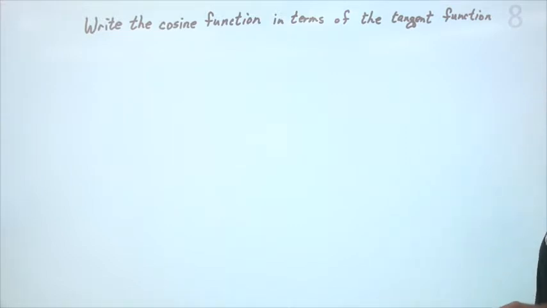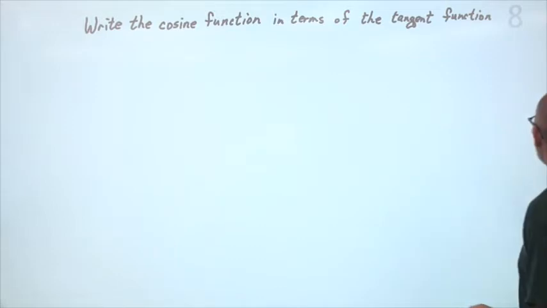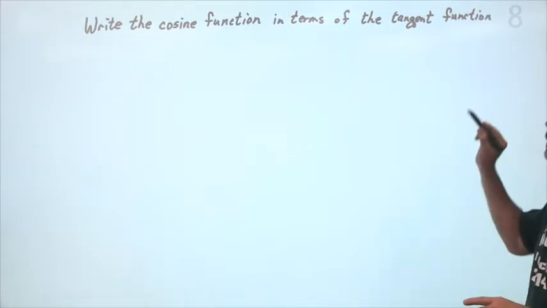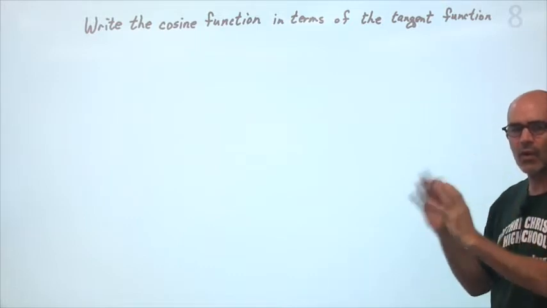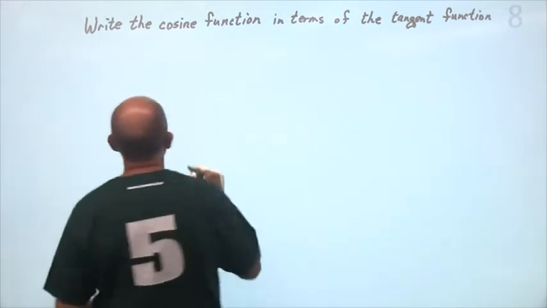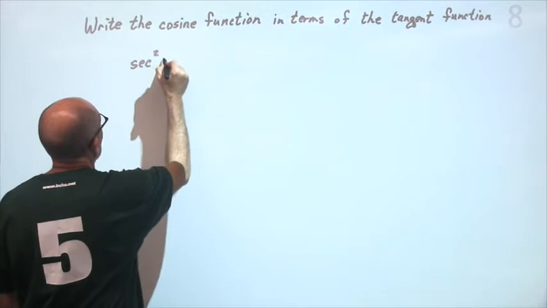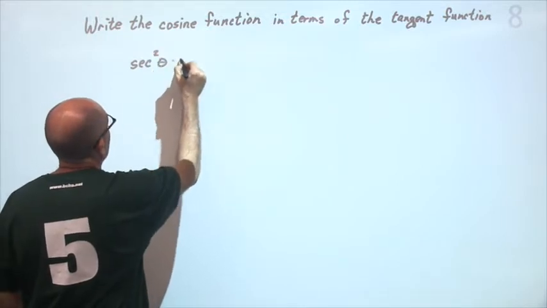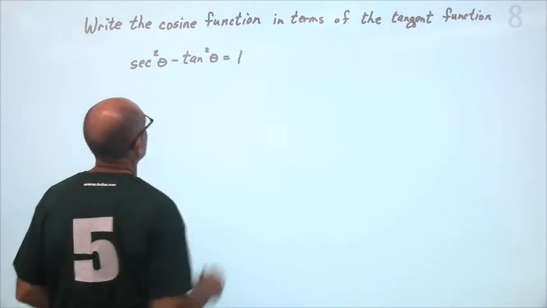If I was going to do the cosine function in terms of the sine function, then I would use cosine squared plus sine squared equals 1. But now cosine and tangent, I don't have an identity that has the cosine and the tangent together. But what I do have is the identity that says that secant squared theta minus tangent squared theta equals 1.